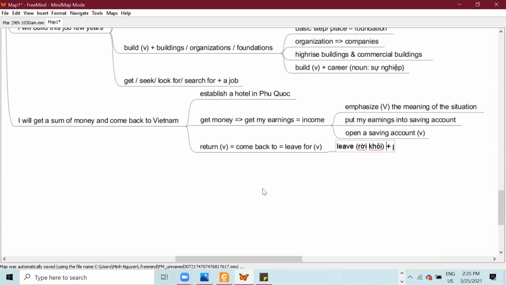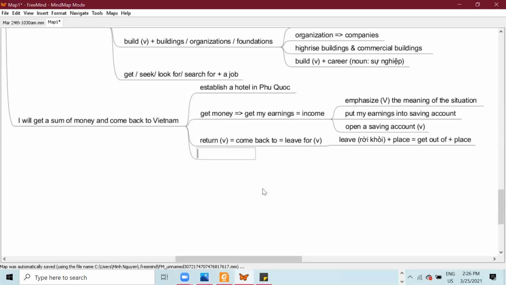So when you use the word leave without for, it means get out of some places. Okay, so I will save a sum of money, a sum of, very good. You can use the word a sum of money, or you can say an amount of money, something like this.